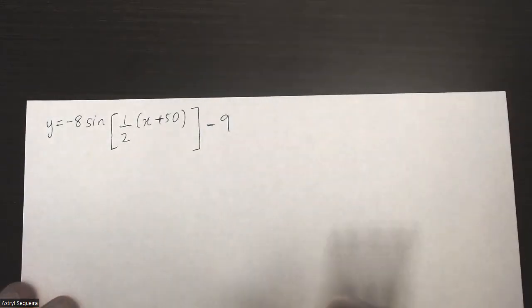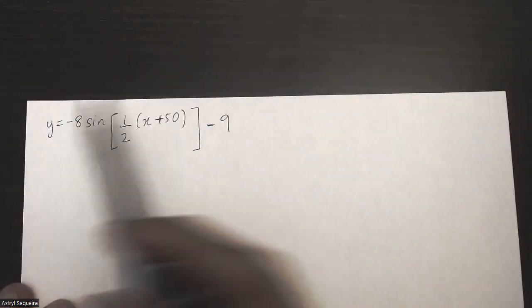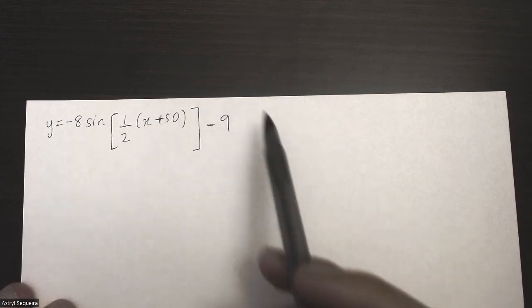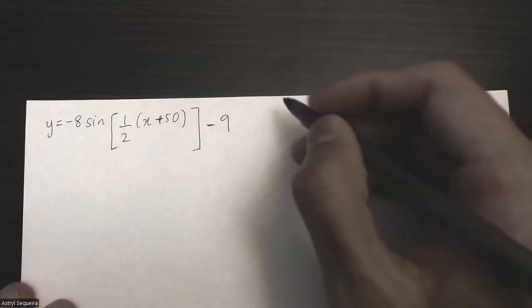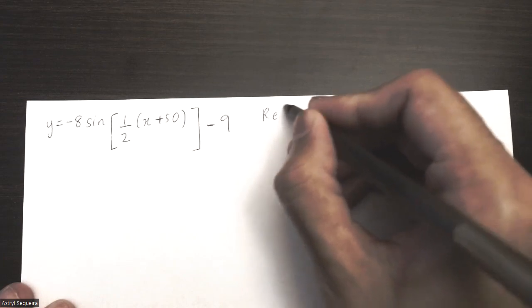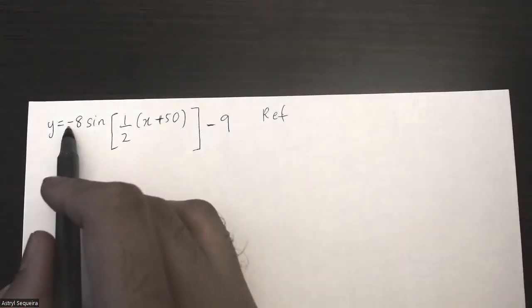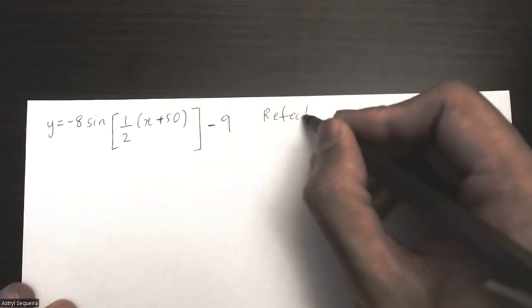And then let's go to the third and final question, just for practice. Slightly harder, but pretty similar to what we've done over here. Everything is fully factored, so I can state all my transformations. The first one is a reflection in the x-axis.